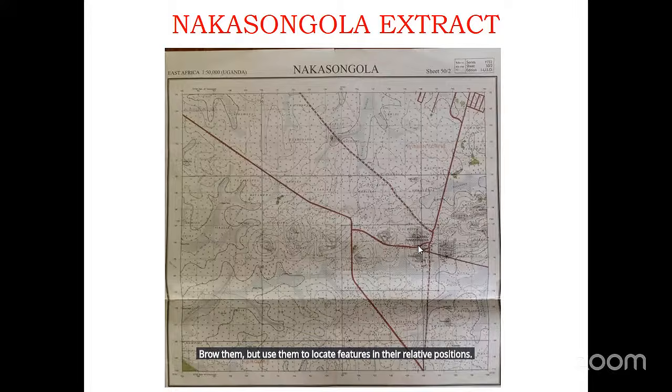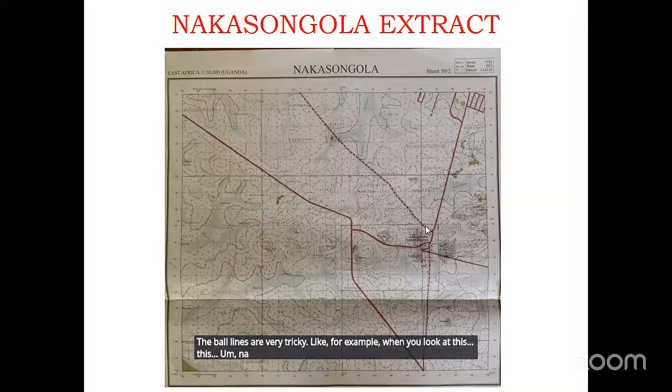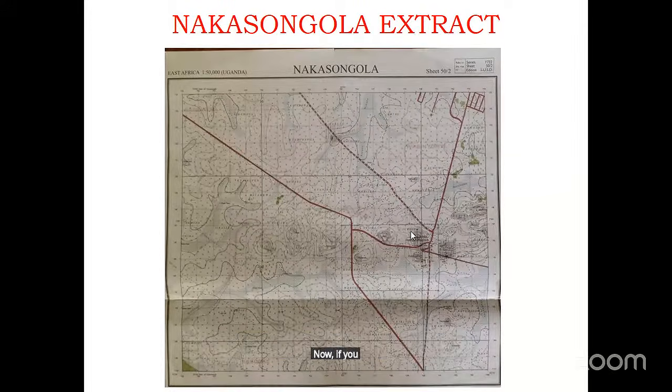The bold lines are very tricky. For example, when you look at Nakasongola Hill, it is crossed by this line, easting 50. Now, if you mark Nakasongola Hill and it does not cross this bold line, then the Nakasongola Hill will not be correct, because on the original map it is crossed by this line.